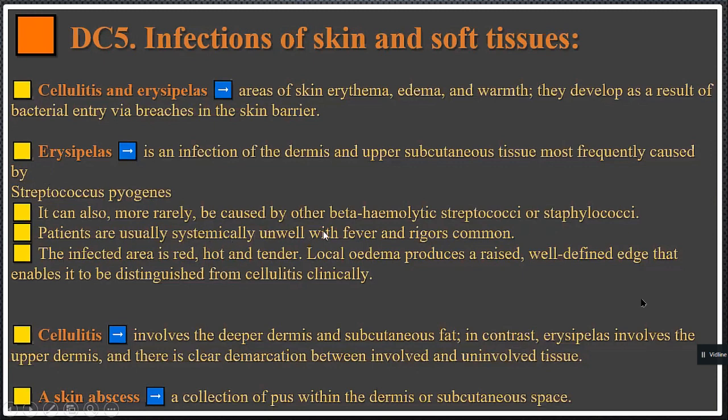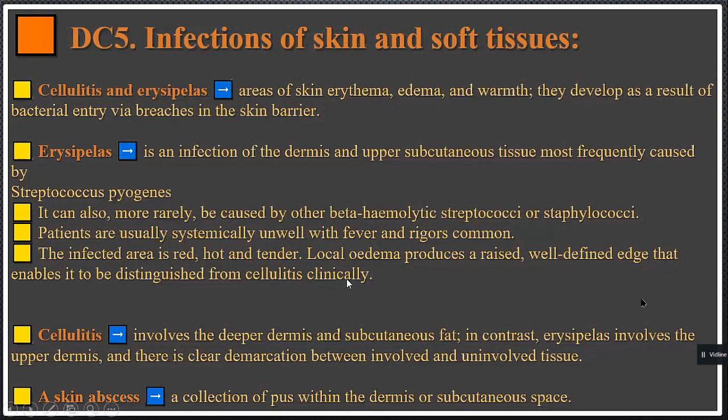The patient is systemically unwell, with fever and rigors common. The infected area is red, hot, tender. Local edema produces a raised, well-defined edge, enabling it to be distinguished from cellulitis clinically.